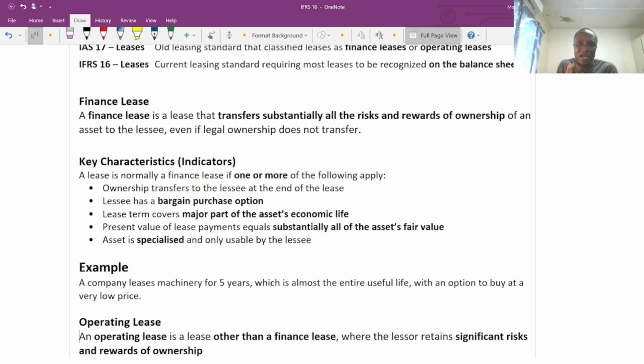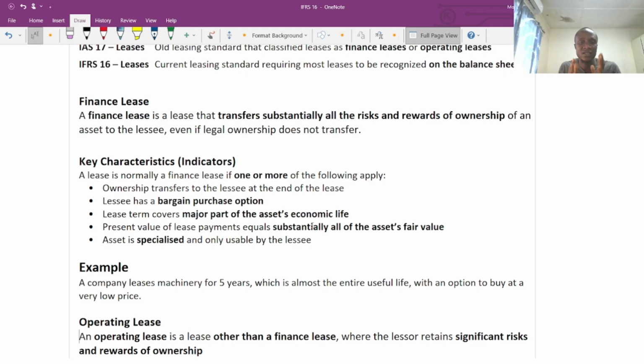I am the actual owner of the machine, whilst the lessee will have the risk and reward. If during the lease period of 3 years there is any major default on the machine, it will be a risk on the lessee, not the lessor. If there is a benefit obtained from the utilization of the machine, for example increased production capacity for the company, then it will be a benefit for the lessee.